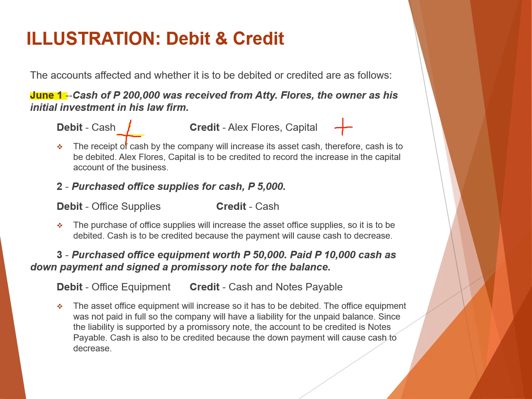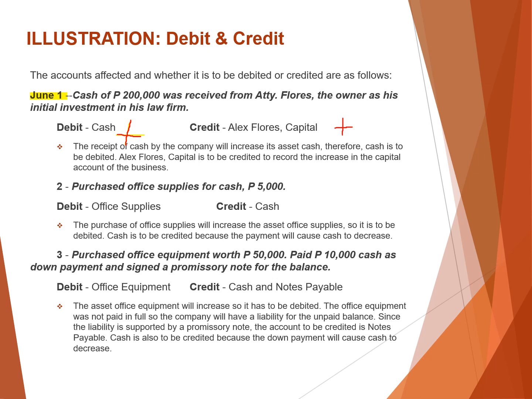Now, what we need to do is to apply the rule. What is the rule? Cash. What is cash? Is it asset, liability, owner's equity, revenue, or expense? Cash is an asset account. So that's why, according to the rule, pag daw nag-increase ang asset, ano nga yun? Debit. Pag nag-decrease, credit.